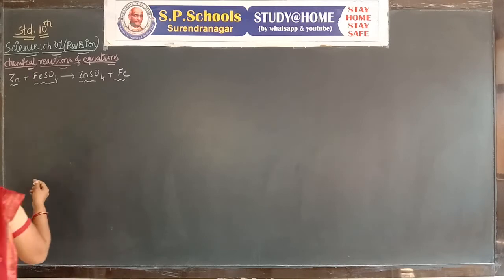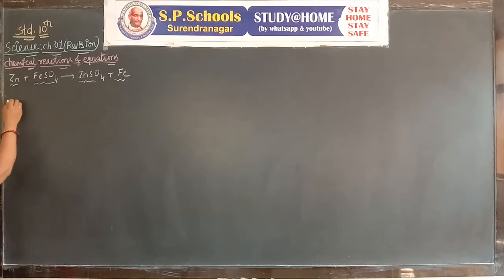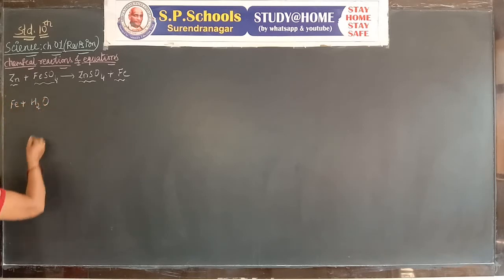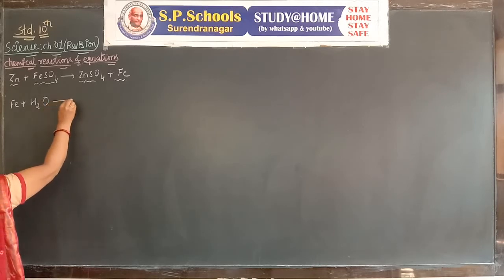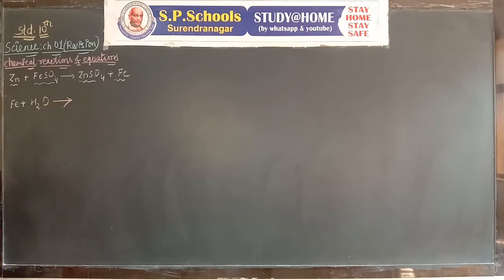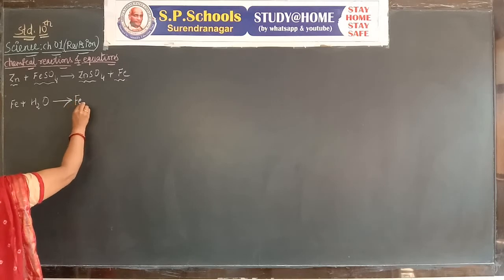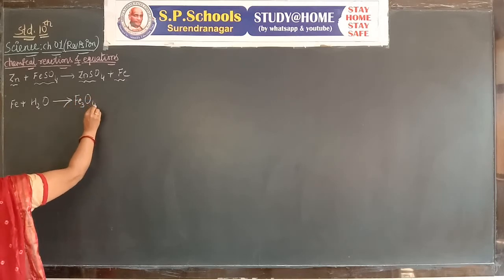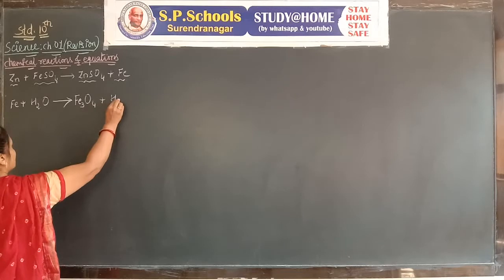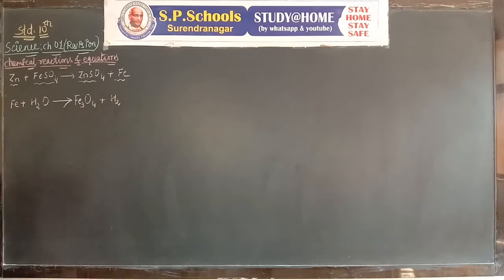But what about an imbalanced equation? Suppose we take the example of Fe plus H2O. When Fe reacts with water vapor, the product will be Fe3O4 plus H2, liberation of hydrogen gas.